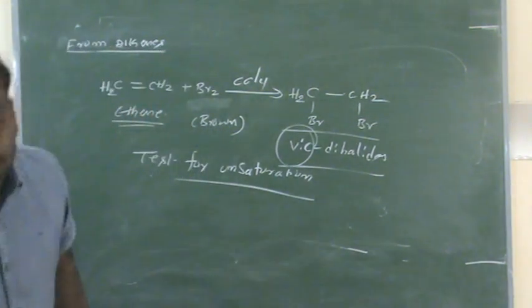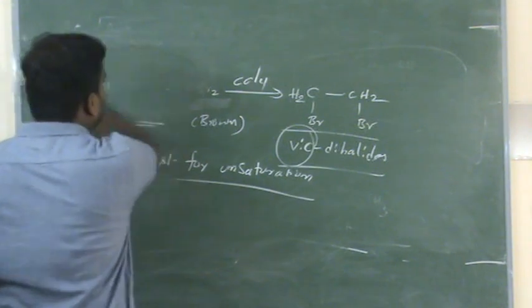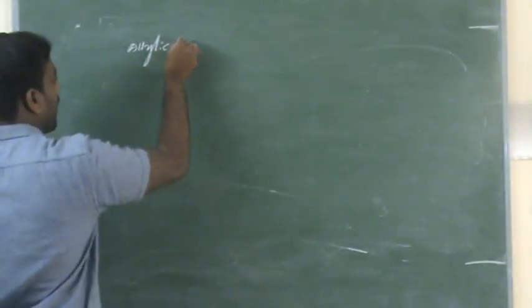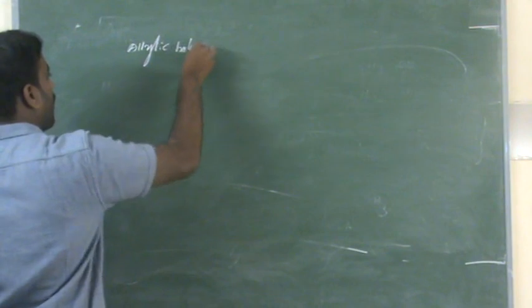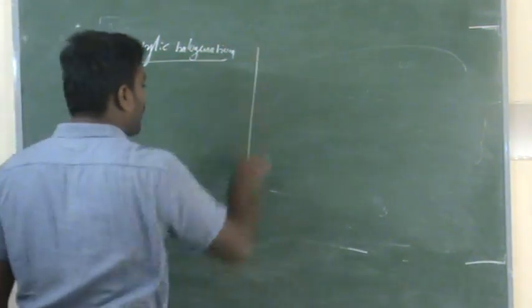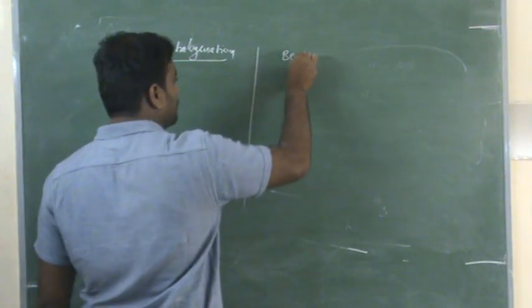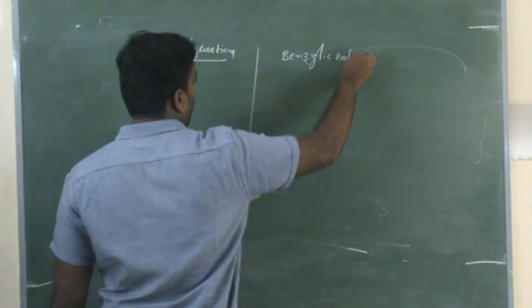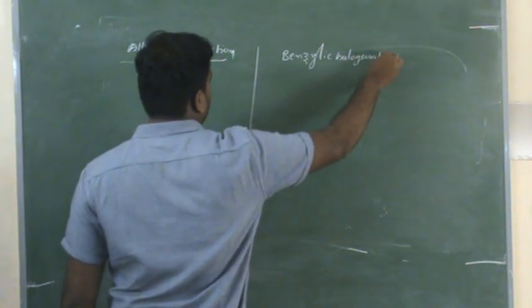Okay. Next, there are two very important words: allylic halogenation and benzylic halogenation.